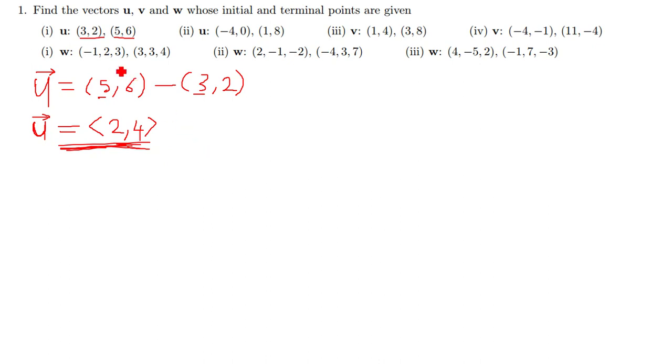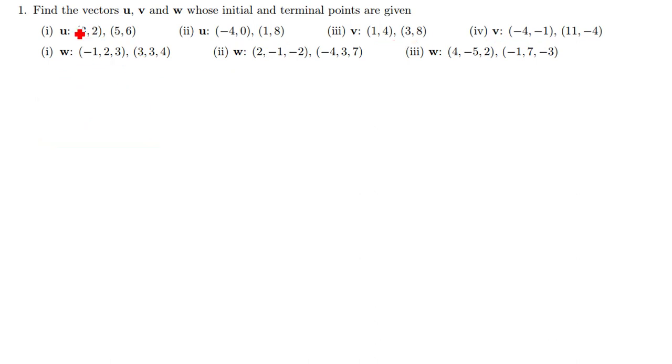We can also solve w. I'll only solve 2 questions here because all the others can be solved in a similar manner. So w is solved in the same way we solved u. The terminal point is (3, 3, 4), so this one is a 3-dimension vector, minus (-1, 2, 3).